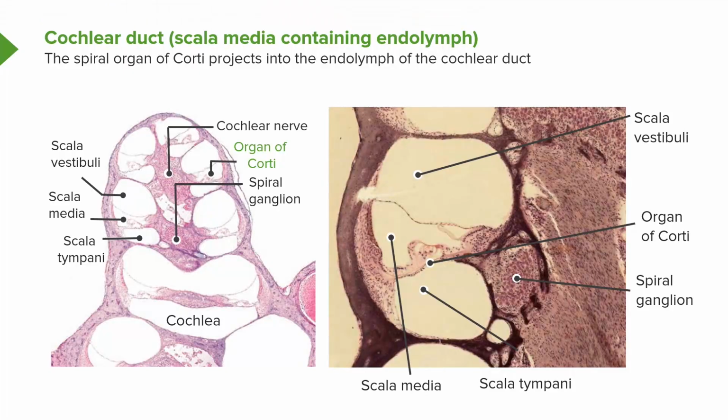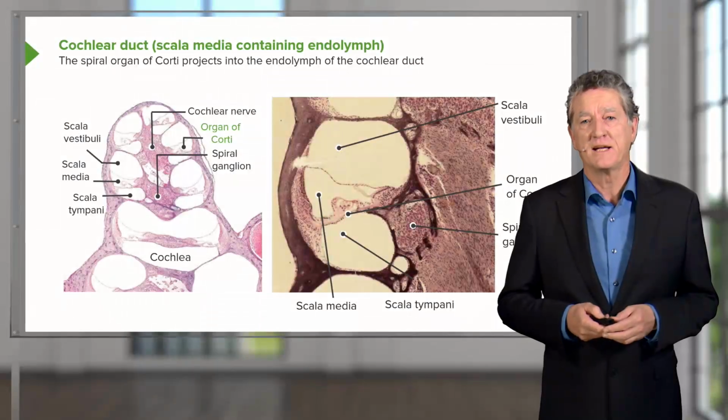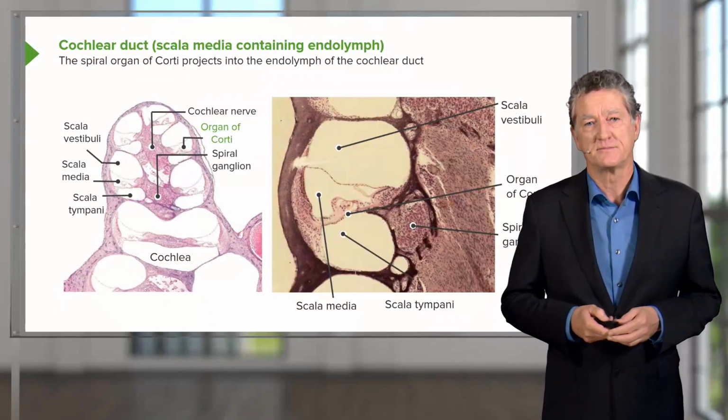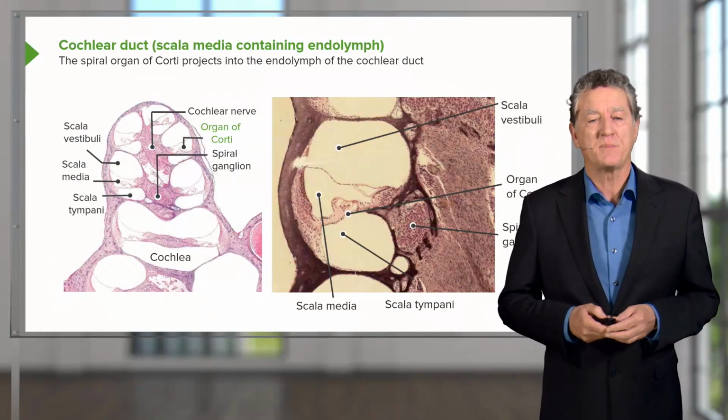Those two chambers come together, and the perilymph passes between one and the other at the very apex of the cochlea, at a place called the helicotrema. And you can see on the left-hand diagram the very apex part of the cochlea.